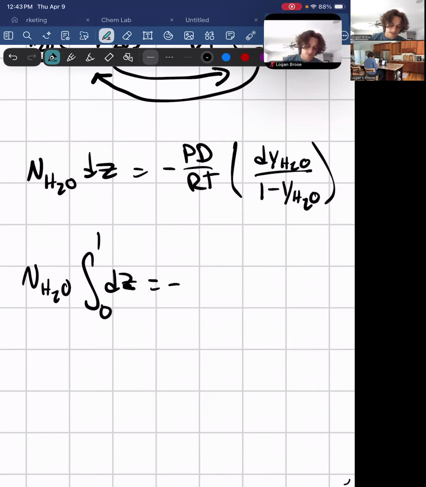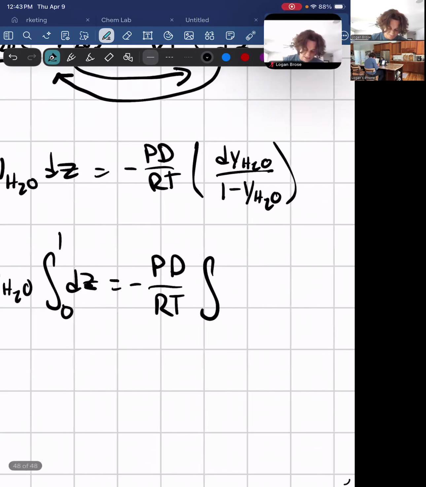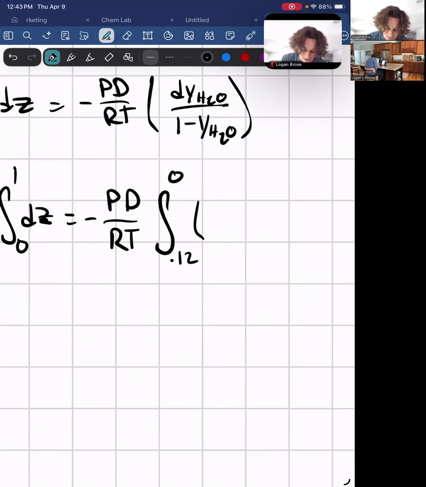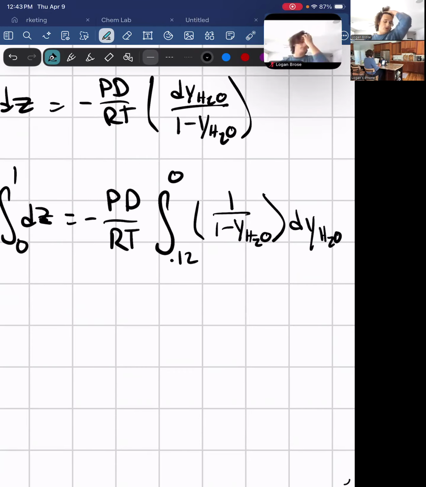So that'll equal negative PD over RT times the integral from 0.12, right? That's the value we just found, to 0, because we are ending at dry nitrogen, of 1 over 1 minus YH2O times our DYH2O.